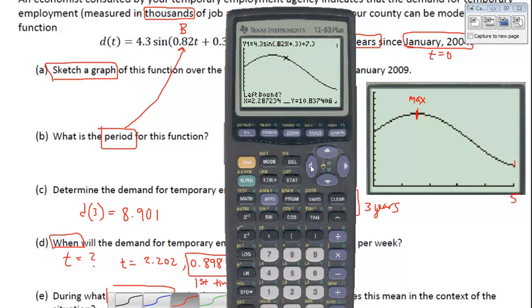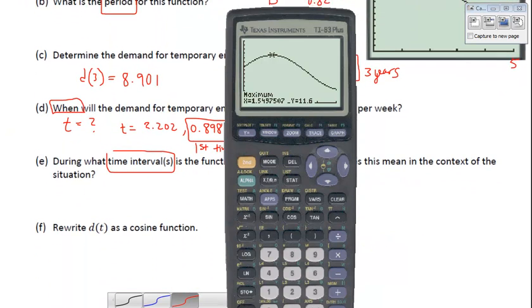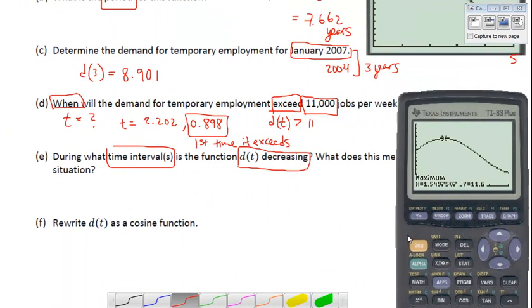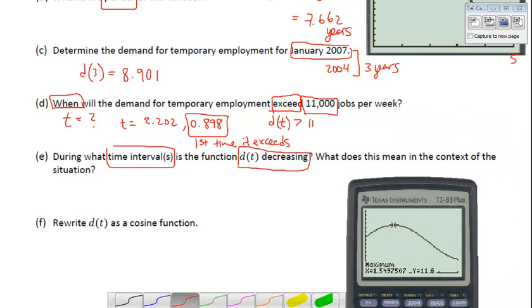So I just gotta go to the left of where I think the max is, somewhere over here, to the right side, right there. So that's going to be where it starts to decrease, at t equals 1.5.